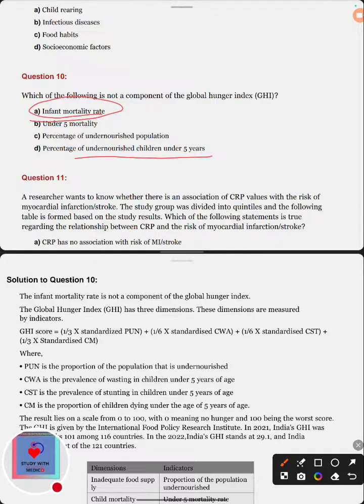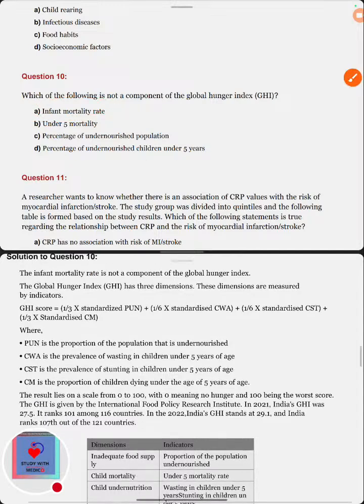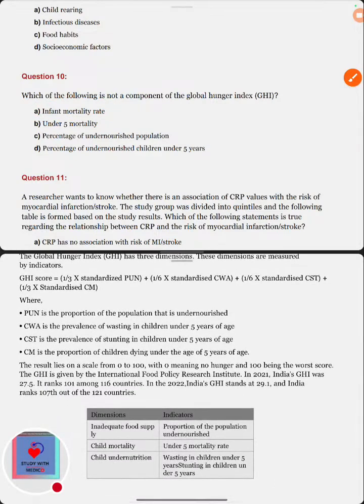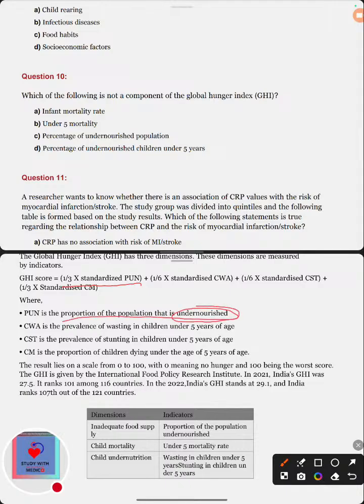The Global Hunger Index, GHI, has three dimensions, measured by indicators. GHI score is 1/3 into standardized PN, where PN is the proportion of the population that is undernourished. Plus 1/6 into standardized CWA, the prevalence of wasting in children under 5 years of age.